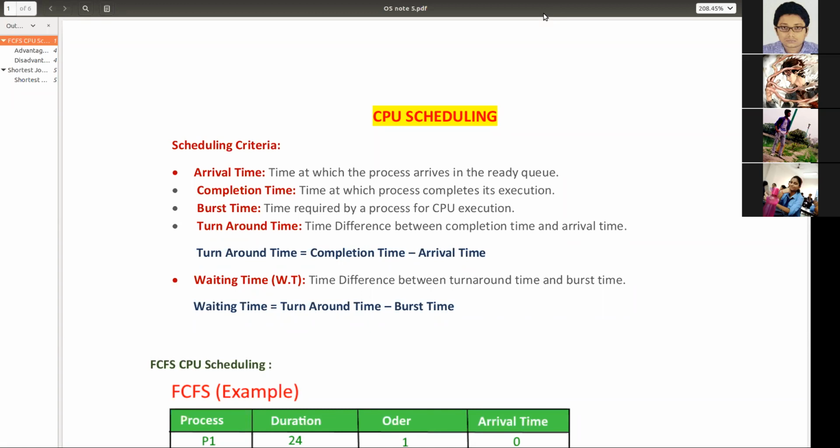It is also known as processor time. So all these are the same basically. Sometimes it will be designated as processor time, sometimes as burst time, service time. Burst time means the time required by a process for CPU execution.